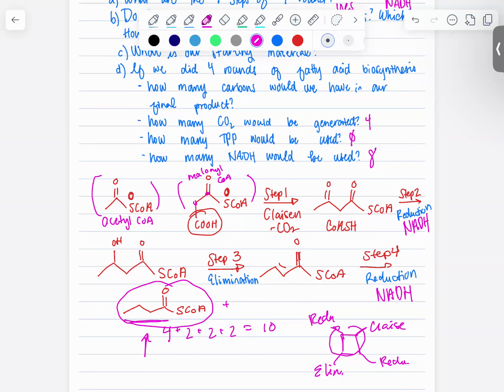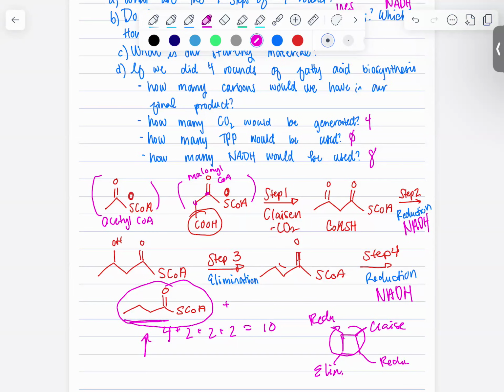Well, so you would start counting with how many carbons are in your starting material. So if you started on the 2nd round, instead of malonyl CoA, you would have something that has 6 carbons. And then you would add on the 2 carbons from acetyl CoA. If you had already done 2 rounds, you would have had 4 carbons from the 1st round and 2 carbons from the 2nd round.